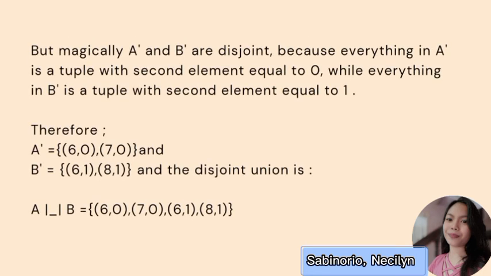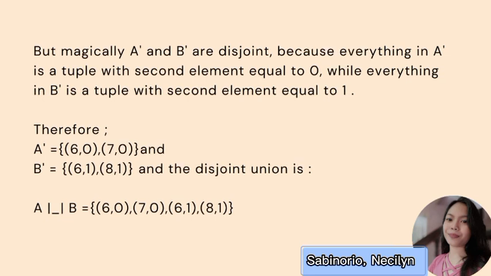So dyan makikita natin na yung set A ay pinagbiject sa 0 and then ang set B ay bijected naman sa number 1. Therefore, everything in A is a tuple with second element equal to 0 while everything in B is a tuple with second element equal to 1. So the disjoint version of A is equal to (6, 0) and (7, 0).